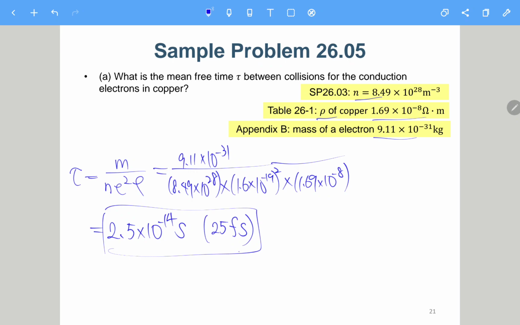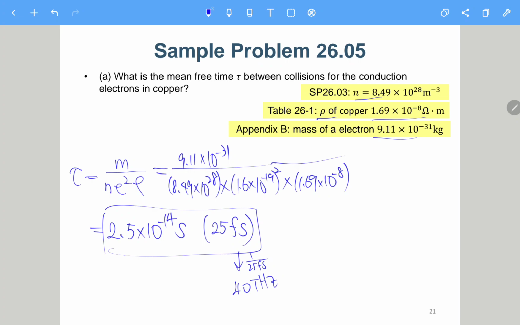If you just take the reciprocal, 1 over 25 femtoseconds, it is like 40 terahertz. Not GHz, T, terahertz.